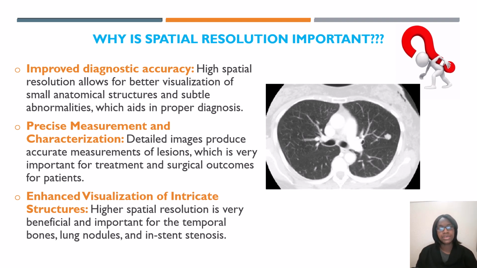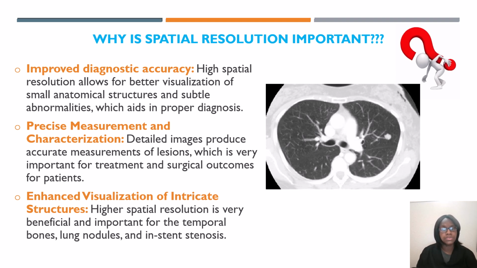But why is spatial resolution important? We'll talk about it in this slide. It improves diagnostic accuracy. A higher spatial resolution allows for a better visualization of small anatomical structures and abnormalities. This also aids in proper diagnosis that the radiologist will be making. It also has precise measurement and characterization.